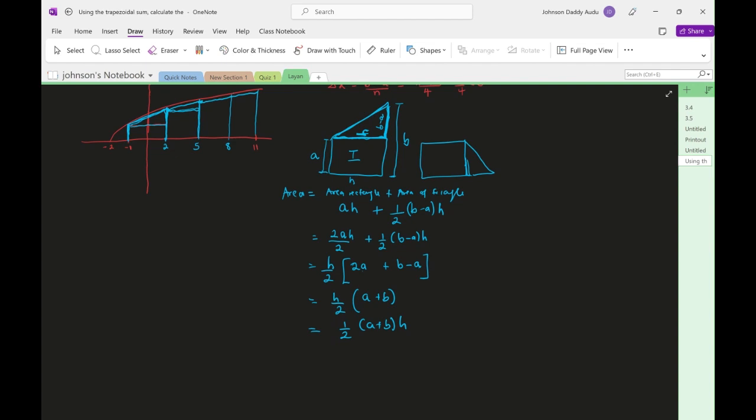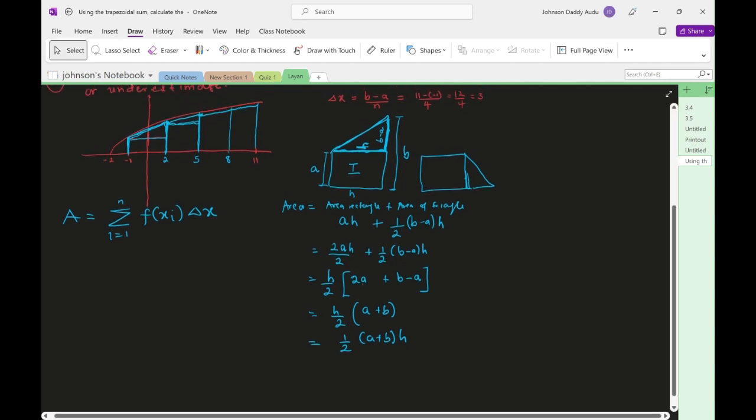Now remember, if we want to find the area based on Riemann sum, it is the summation from i equals 1 to n of f of xi delta x. This is the general formula for Riemann sum, whether you want to use the right hand, the left hand, the midpoint, or the trapezoidal.